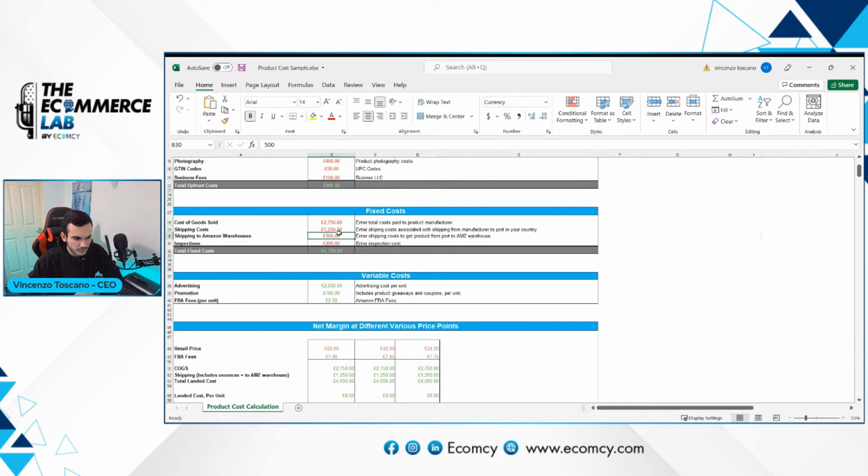These two costs are also arbitrary at the moment, because this is going to fluctuate a lot based on the current situation with the freight company. So depending on where you're shipping from and which country, this is going to change significantly.